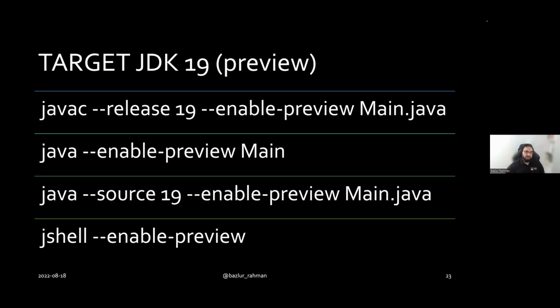If you want to compile code that has virtual threads in it, you definitely have to enable preview, and if you want to run it, you have to add the enable preview flag as well. You can also run them directly using the third command option. And if you want to experiment in JShell, that's also available, so you can try it out.